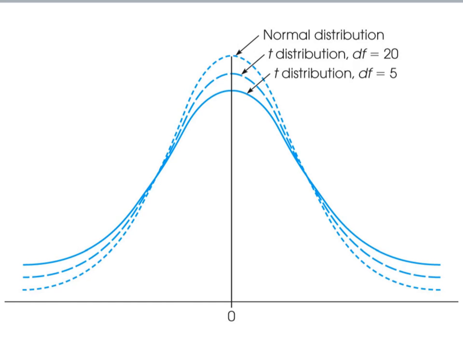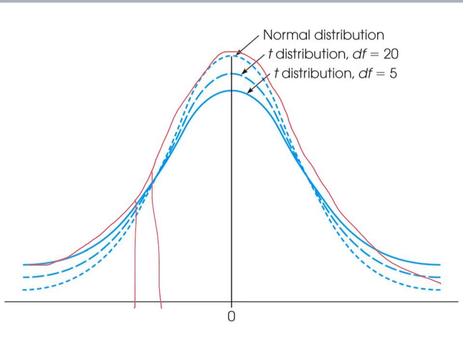If you remember back when we talked about the normal distribution and probability, we said to think of a distribution shaped like this as a probability distribution. Probabilities are areas. What's the probability of a z-score?